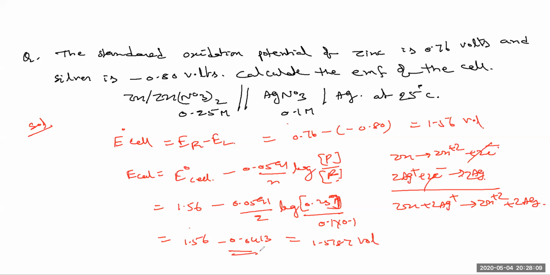This way I have to calculate. Otherwise, alternatively, first find the single electrode potentials using the Nernst equation, the zinc electrode potential and the silver electrode potential, and combine both, oxidation plus reduction.